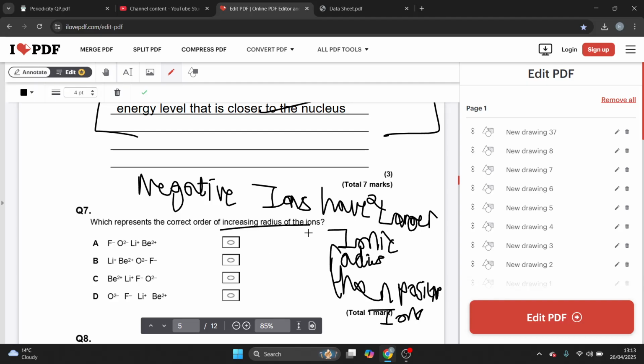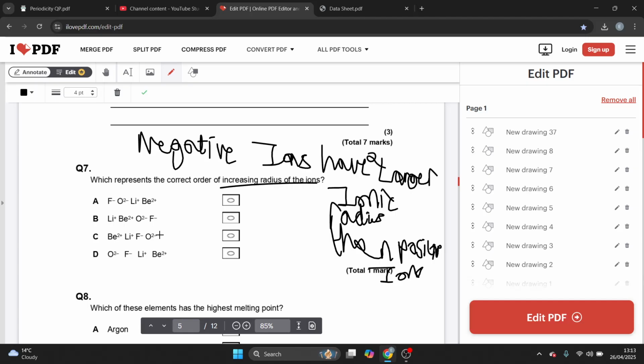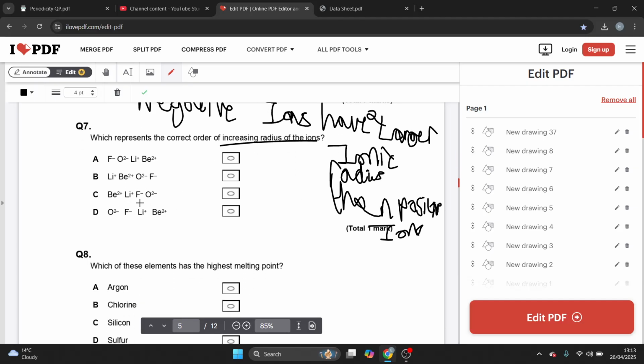In this case it says increasing radius, so the negative ion is going to have the largest ionic radius, so it's going to be here. So therefore the answer must be C. Yeah, it must be C.